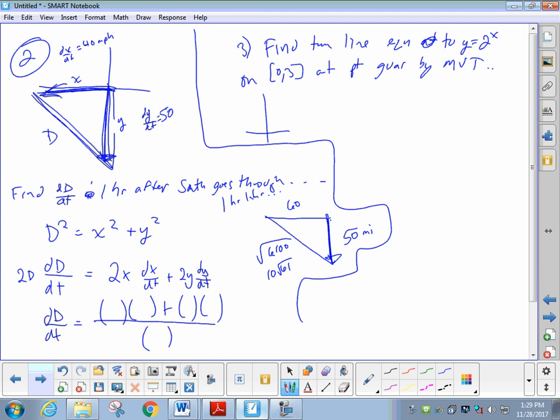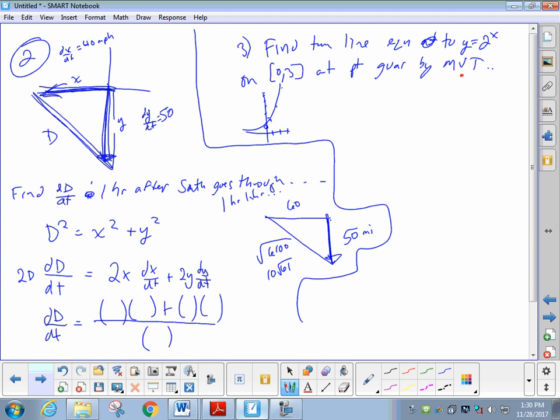Here's 2 to the x. Like that. When they say the point guaranteed by the mean value theorem, does that mean integrals or derivatives? Is it the average value, or are they talking where the average rate of change equals the instantaneous rate of change? What are they talking about?